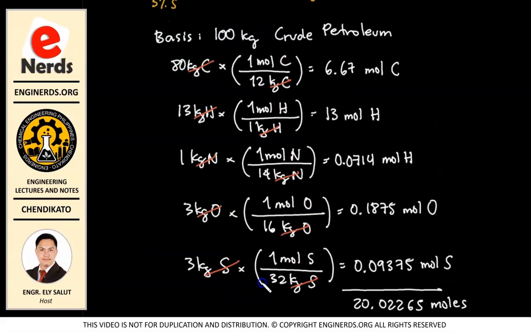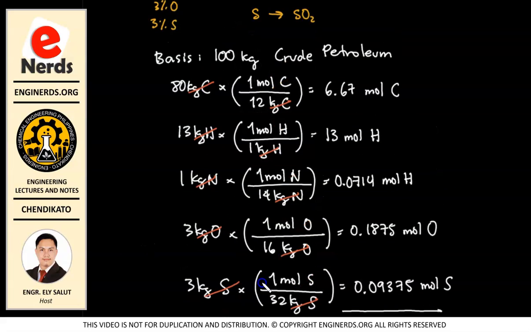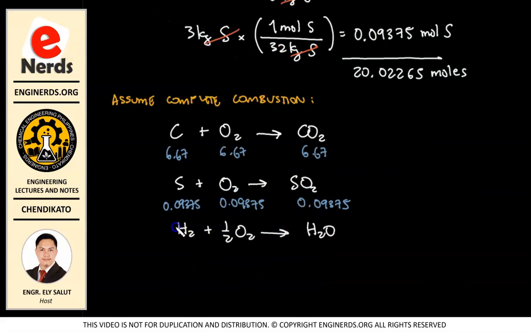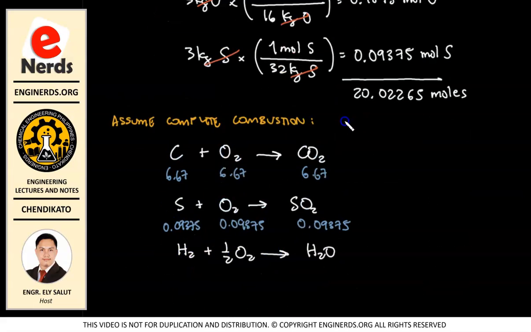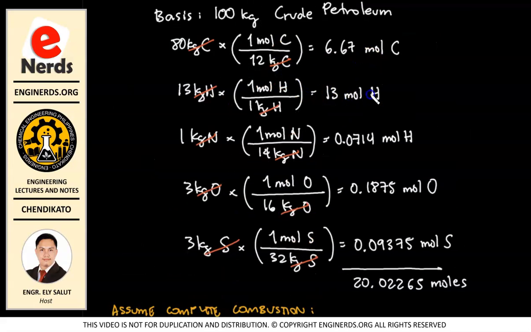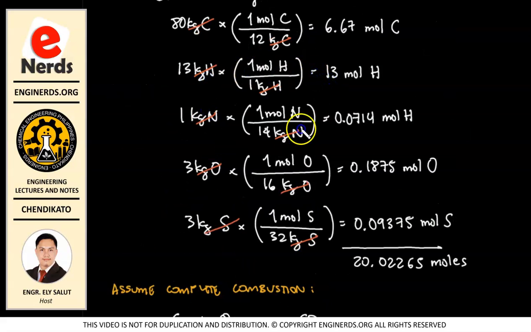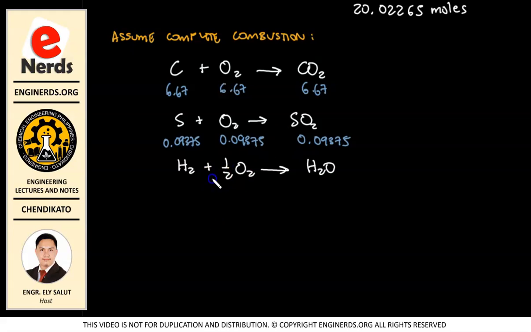In our fuel, we are given 13 moles of hydrogen, but we have to represent our hydrogen as H2, so we divide 13 by 2, which is equal to 6.5.